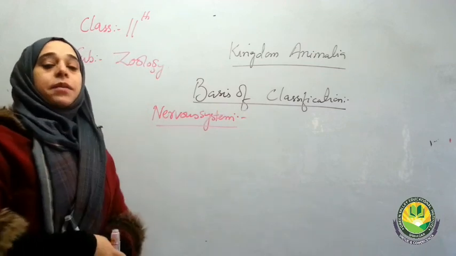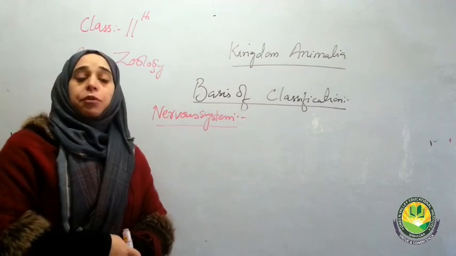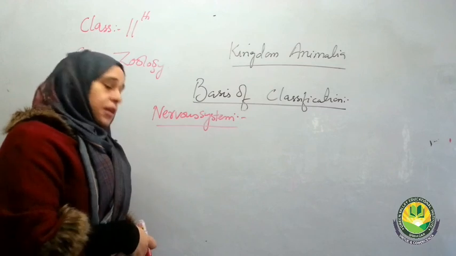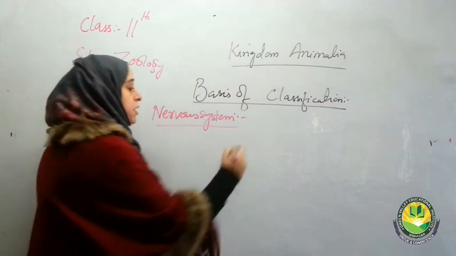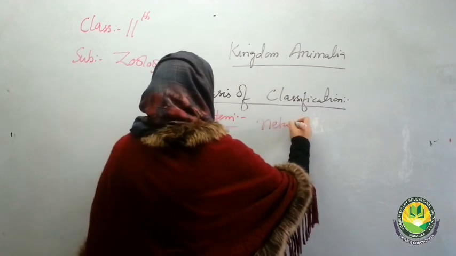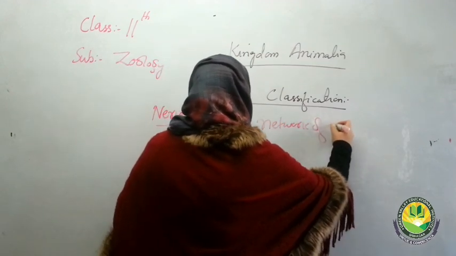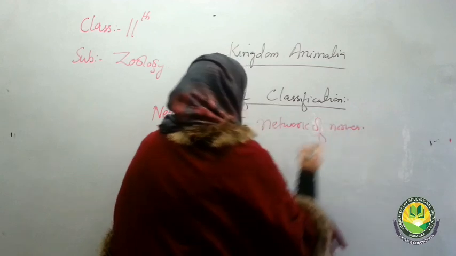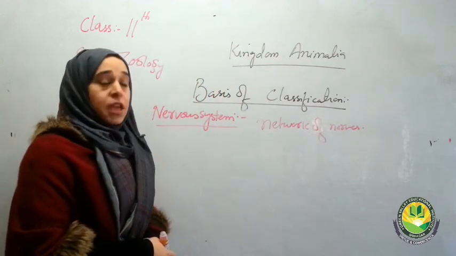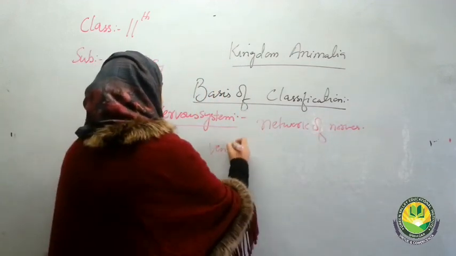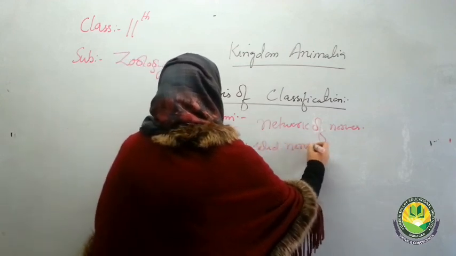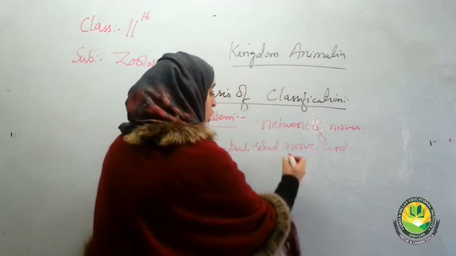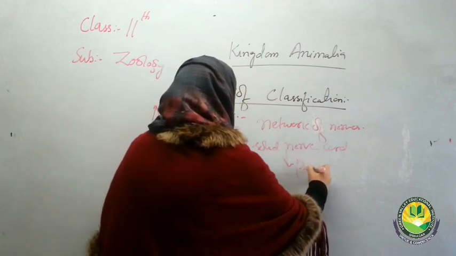We have animals having different types of nervous systems. There are the primitive types of nervous systems where the animals possess a network of nerves only. Then there are certain animals which possess a ventral solid nerve cord, and this nerve cord possesses ganglions.